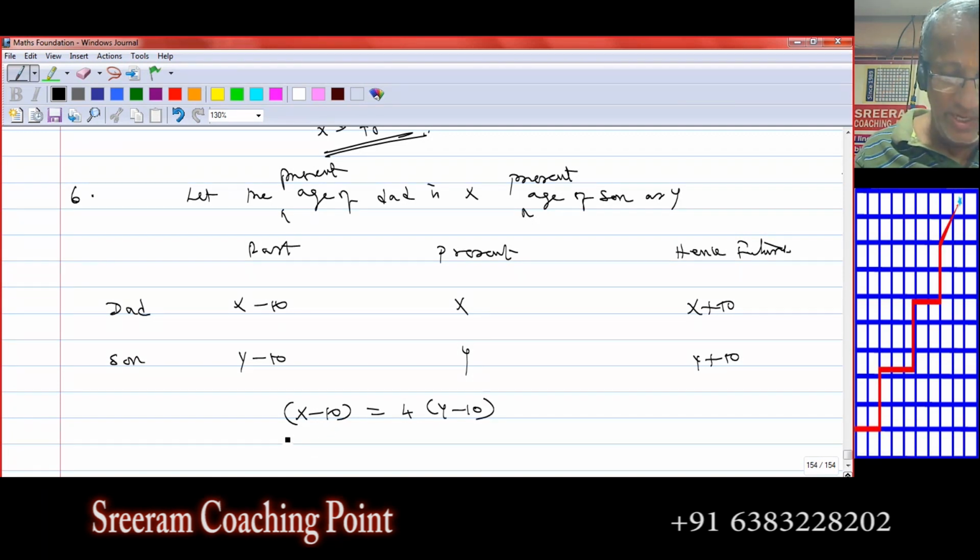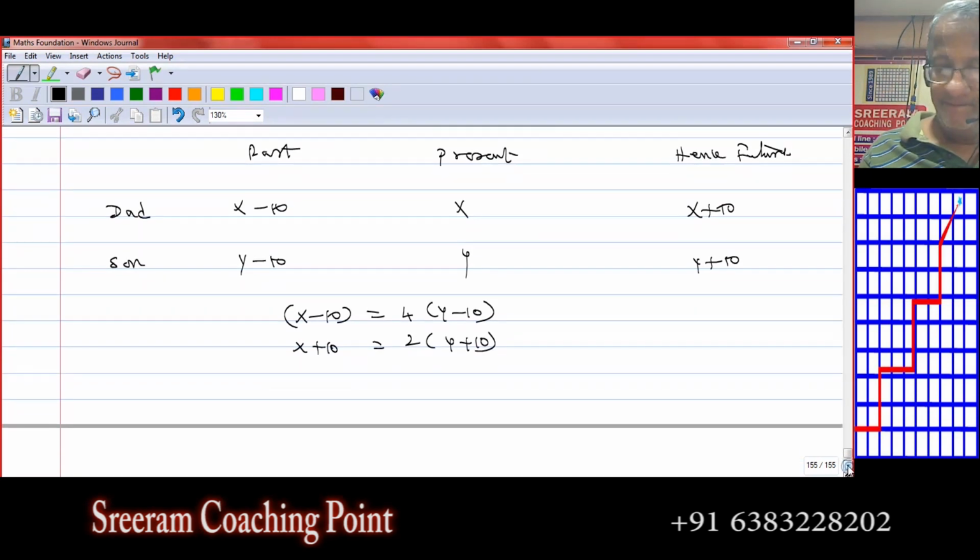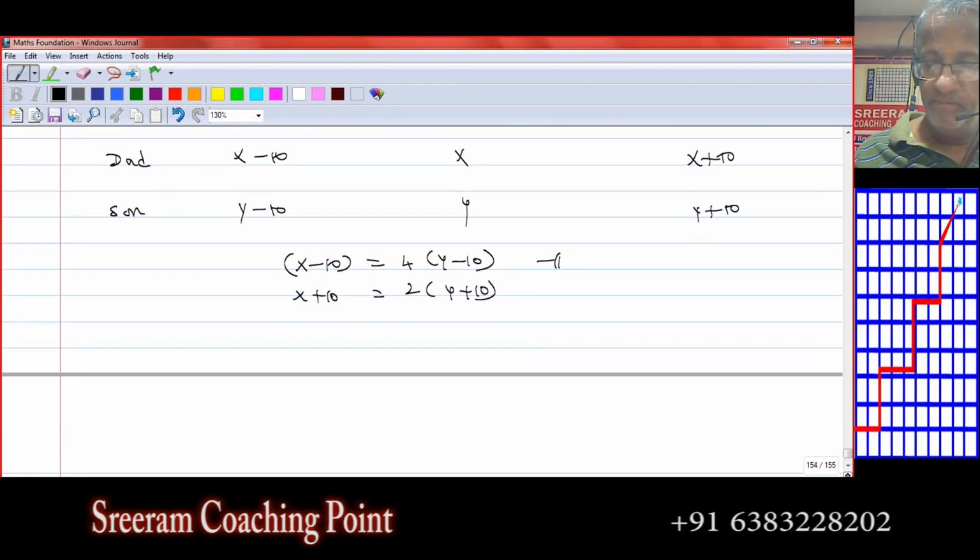Then 10 years hence, x plus 10 equal to 2 into y plus 10, correct. Let us simplify. x minus 10 equal to 4y minus 40. x plus 10 equal to 2y plus 20.